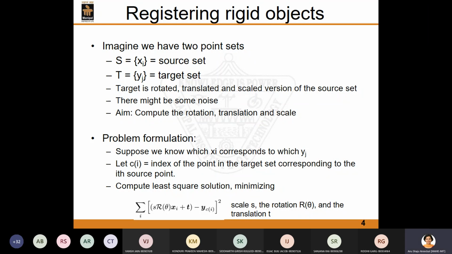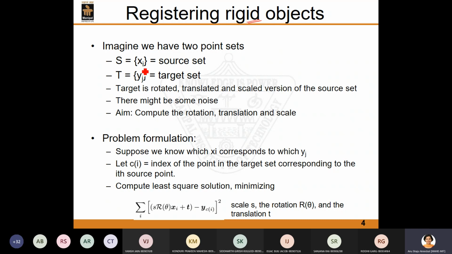Now, coming back to registering the rigid objects. First we'll be seeing some of the techniques by which we can go about rigid registration. In rigid registration, basically we assume that the shape of the object does not change. Now let's look at some mathematical modeling for this particular problem.